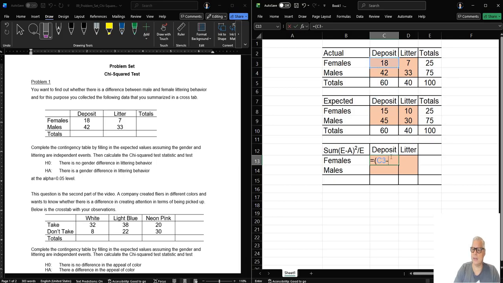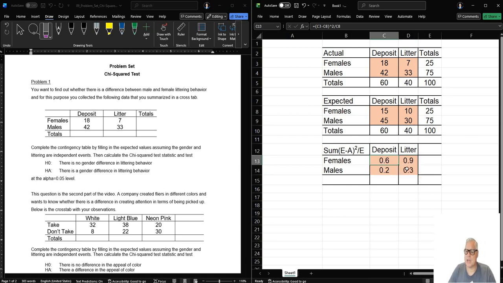So 18 minus 15, that's the 3. Then we square everything, and then we divide by the expected 15. Okay, here we get 0.6, and now I can copy that formula to the right. Control R copies to the right, and now I can copy down both, which is Control D.